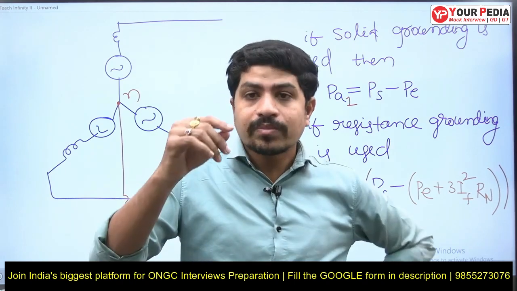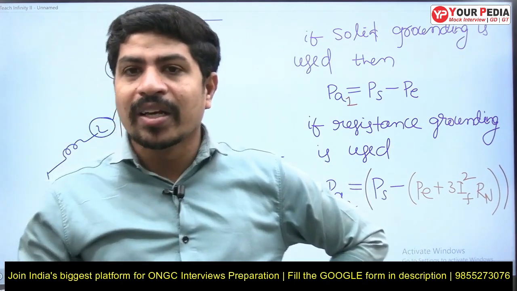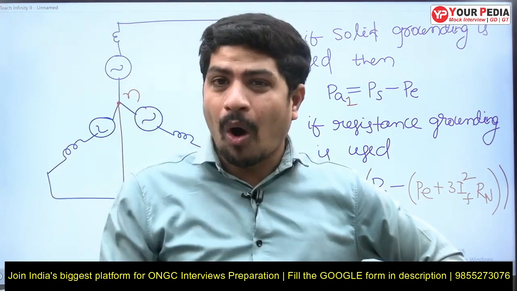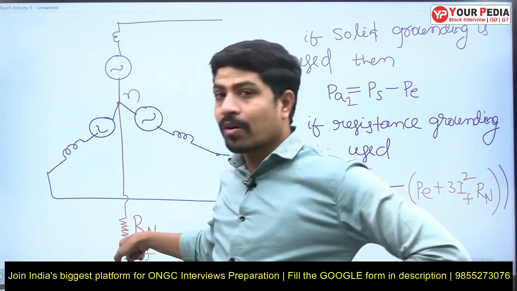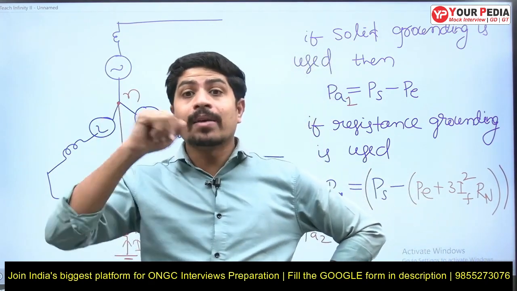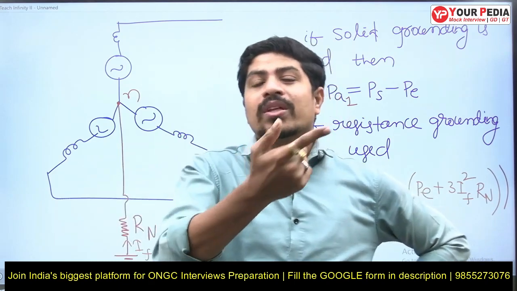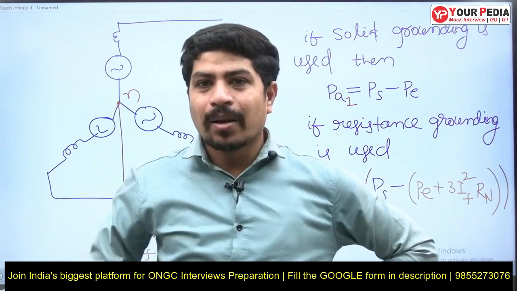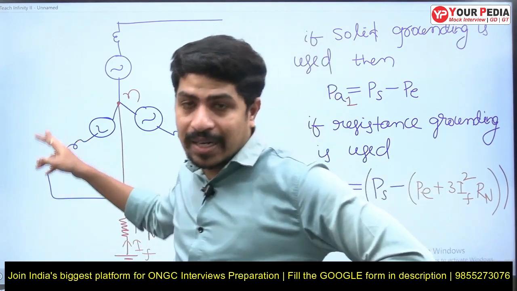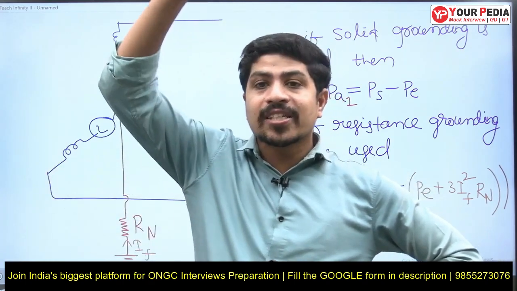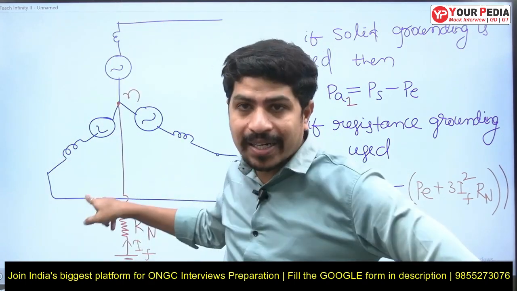Why? Because if we are using resistance grounding, then some active power, real power, will be lost in this resistance. People may claim, sir, that is a disadvantage. No, with respect to stability, that is an advantage. Because of that active power, overall acceleration power will decrease. Why? Because this is acting like a load.